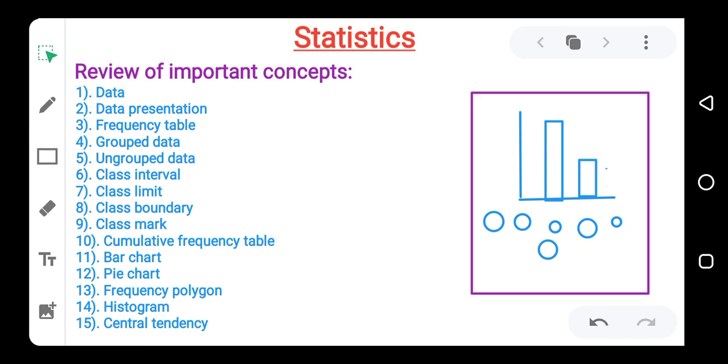So data are numerical facts or information which you will later process to give you more details or other information that you want.